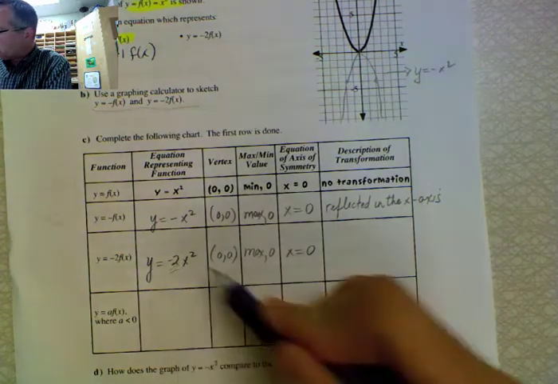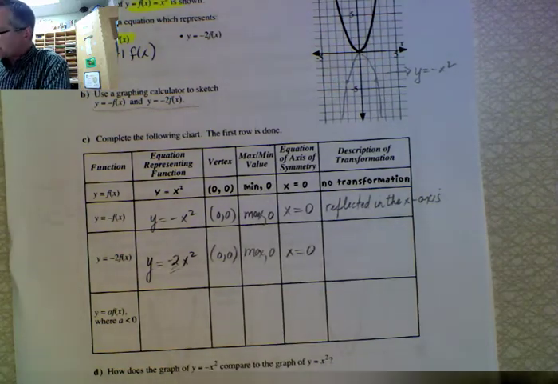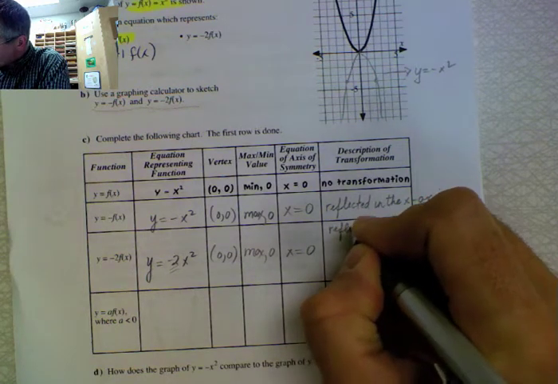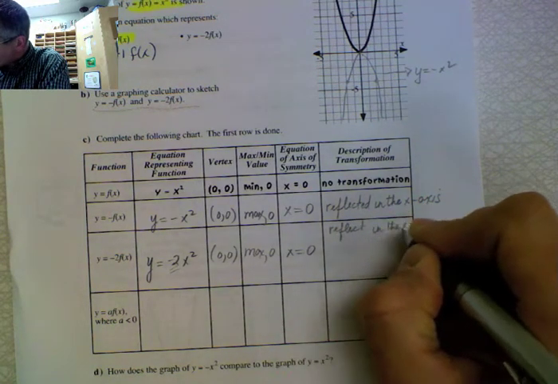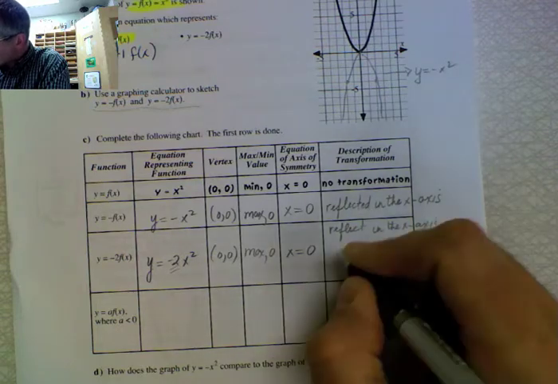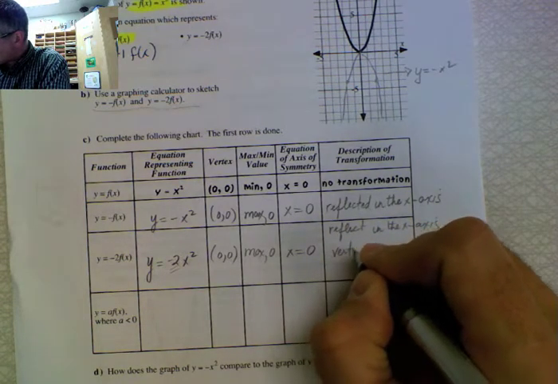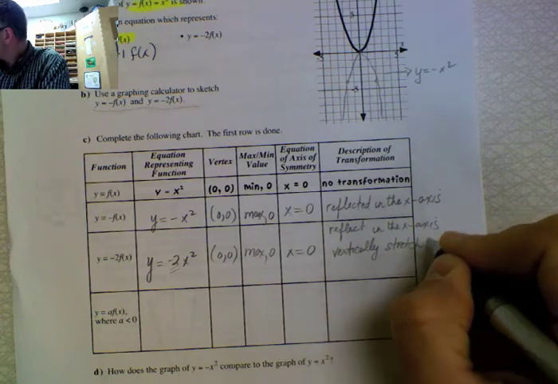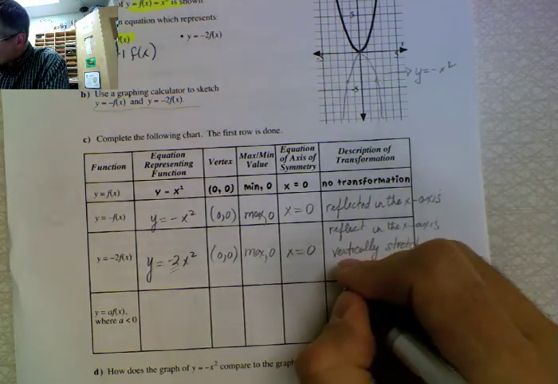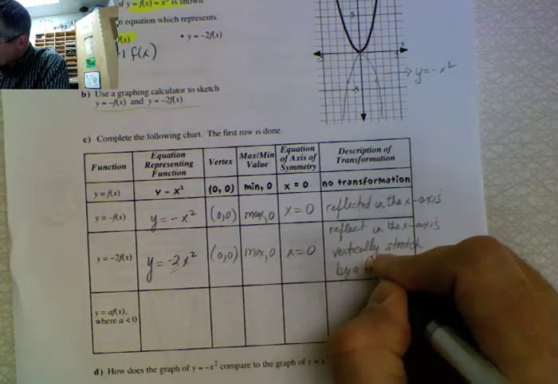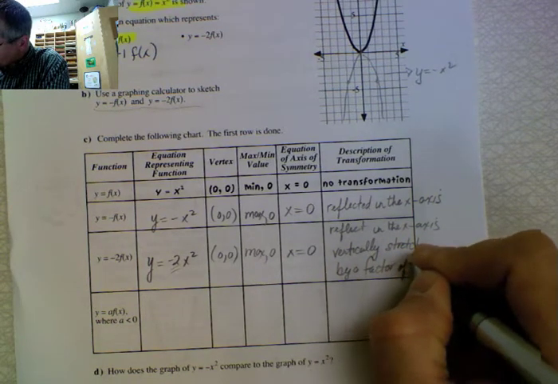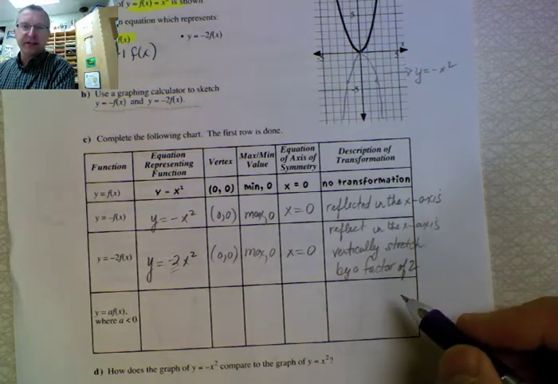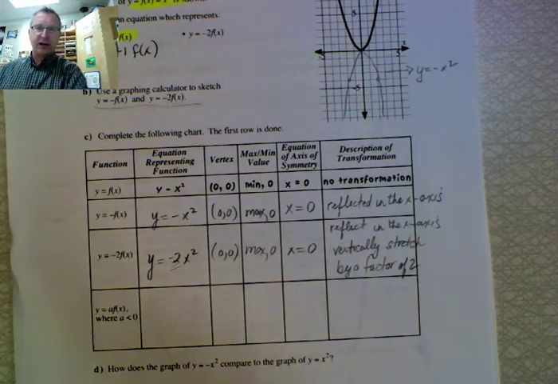But that 2 not only reflects it, so we are going to reflect in the x-axis, but we're also going to vertically stretch by a factor of 2. And knowing that that 2 is larger than 1, that means it's going to vertically expand our graph.